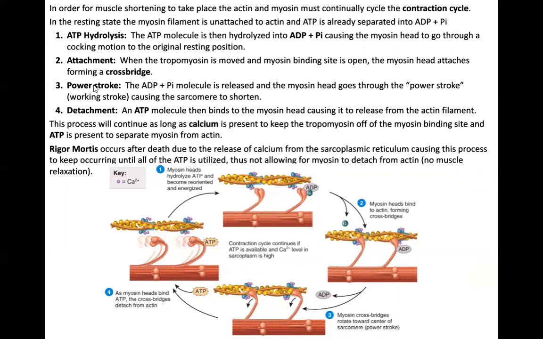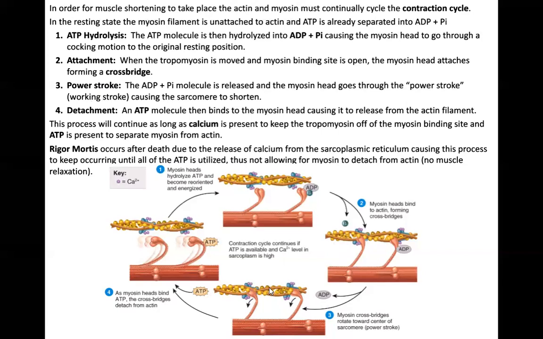We then go through the power or working stroke, as I said, it's also sometimes described, where the ADP and Pi molecule is released. The myosin head then pulls the thin filament and slides it over like we show right here.